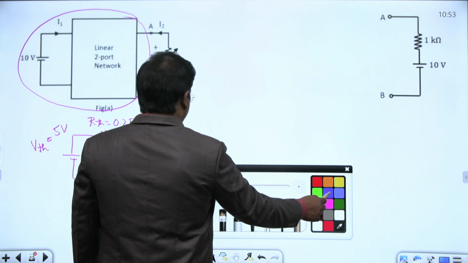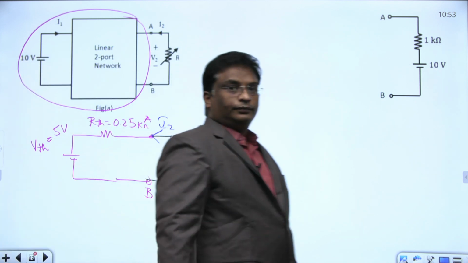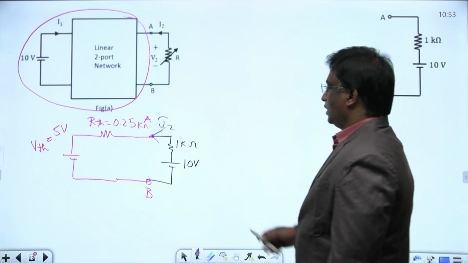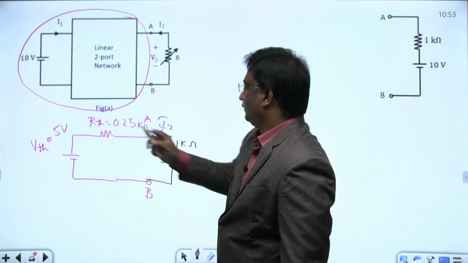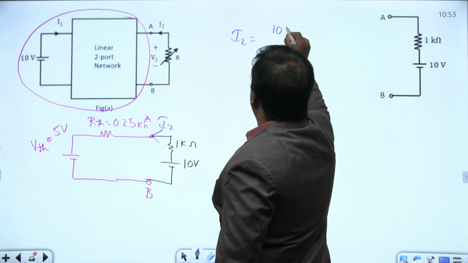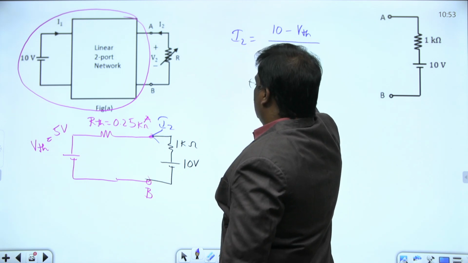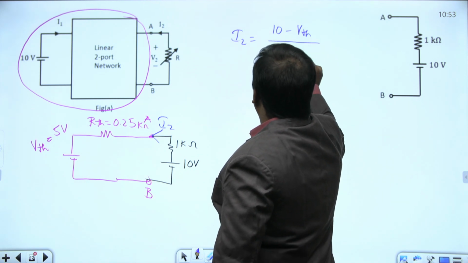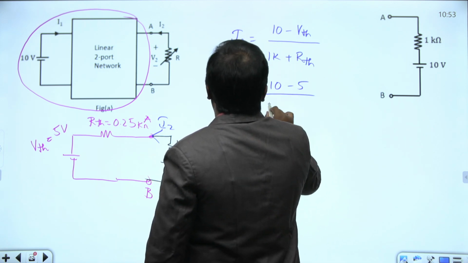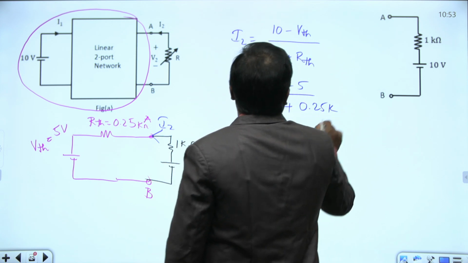What is the current I here? Current I2 they asked. Simple. Starting voltage minus ending voltage divided by total resistance. This I2 starts at 10 and ends at VTH, or apply KVL. I2 equals 10 minus VTH divided by 1K plus RTH, which is 10 minus 5 divided by 1K plus 0.25 kilo.